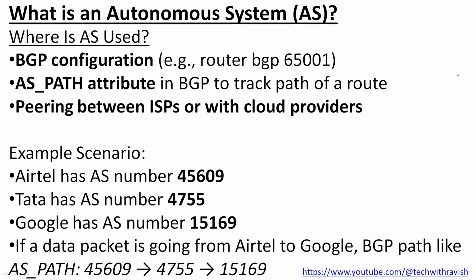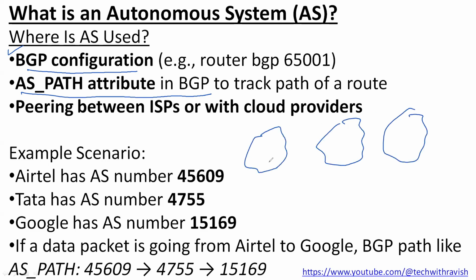Now let's move further. The question is, where is AS used? AS can be used in BGP configuration, in the AS path attribute in BGP, to track the path of a route. If we select the best path in a big network globally that passes through multiple ISPs with different AS numbers, like AS 6000 here, AS 6500 here, and AS 9000 here, the best path will be selected on the basis of AS number globally.